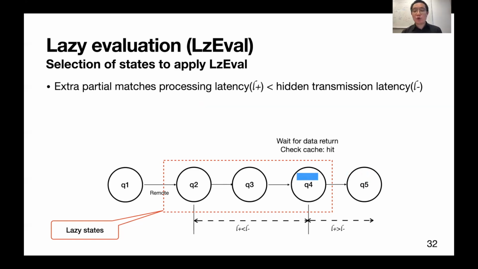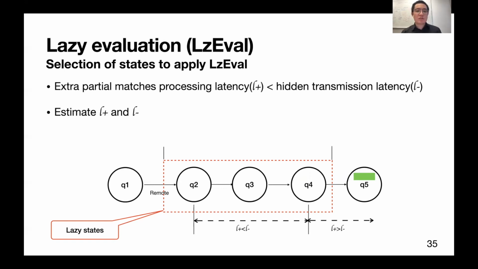So at state Q4, we don't apply lazy evaluation anymore. Instead, we block the stream processing and wait for remote data to return. After the remote data has been returned to the local cache, we evaluate it and continue with stream processing.